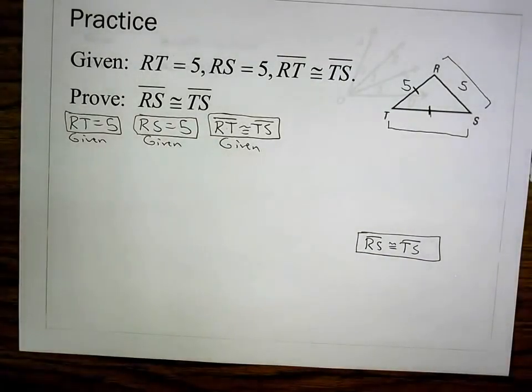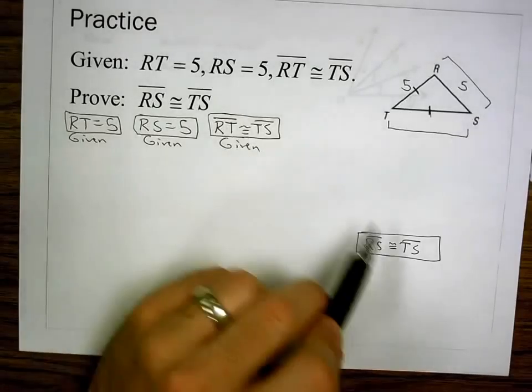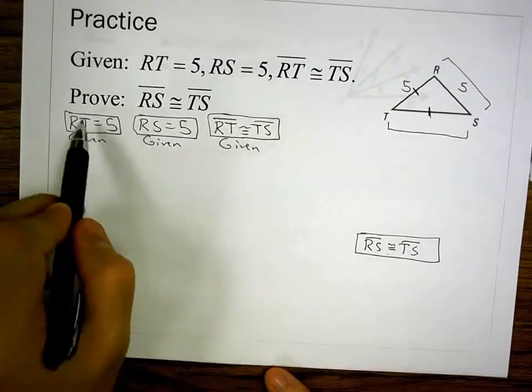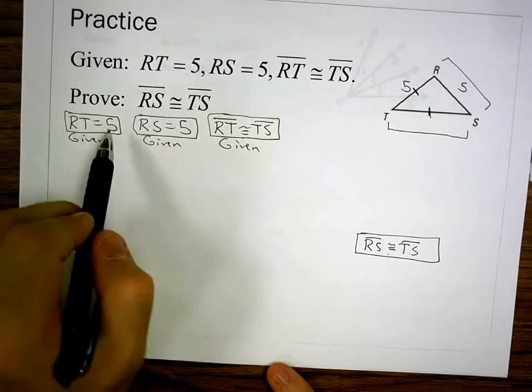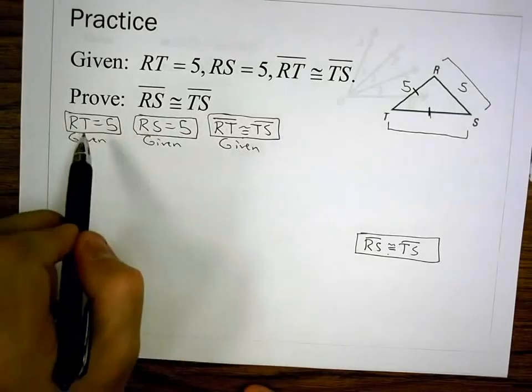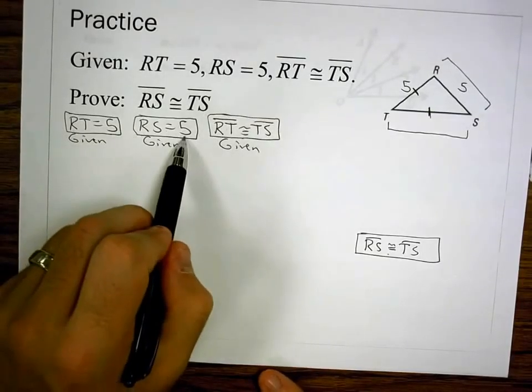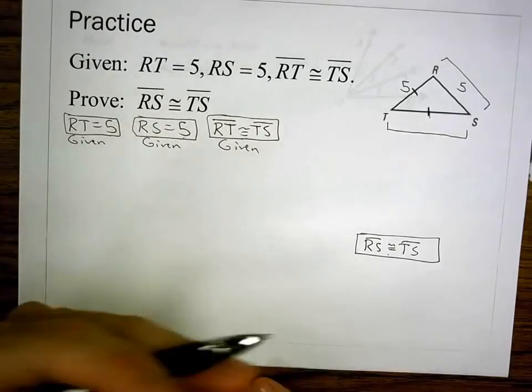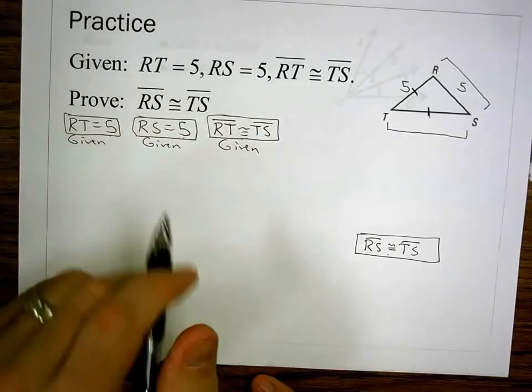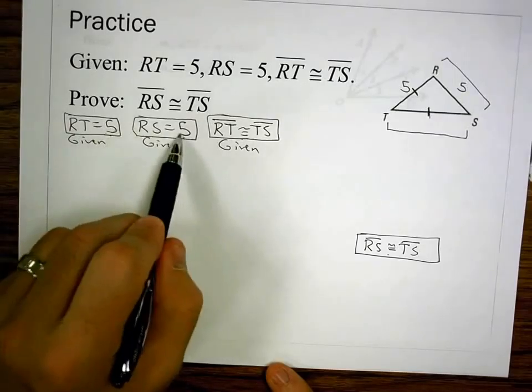Well, let's see. We got congruent here. We got congruent here. These are equal, though. So maybe we can do something with these and get these to congruent. Well, I can't say RT is congruent to 5 or RS is congruent to 5 because congruence doesn't deal with numbers there. But I notice they're both equal to 5.